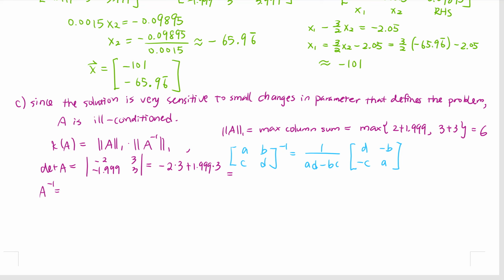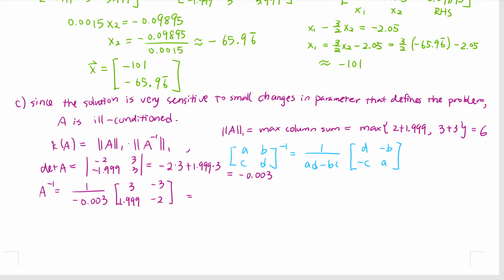That is the same as -0.001 times 3, so -0.003. So the inverse of A is 1 over the determinant, -0.003, and then A and D switch: -2 goes here, 3 goes here, and B and C get a minus sign, so it becomes -3 here and 1.999 here. So far so good, everybody.